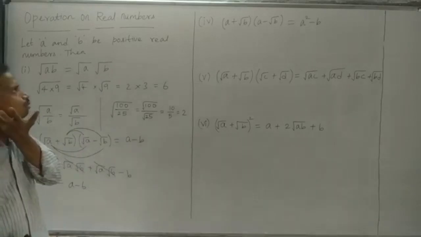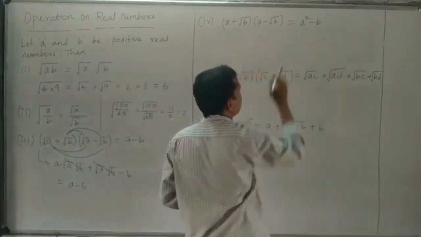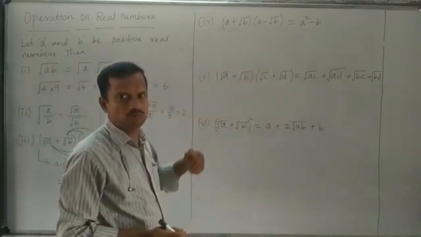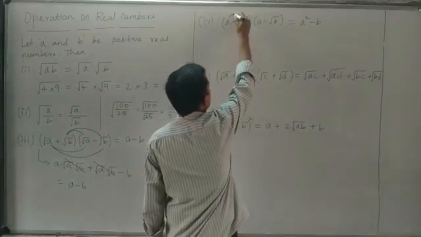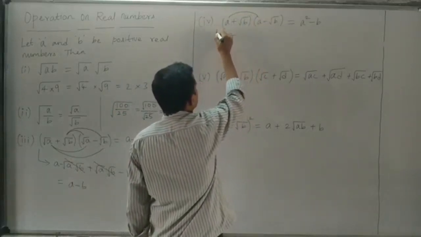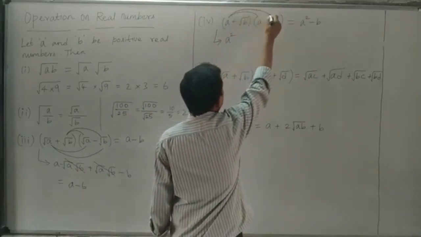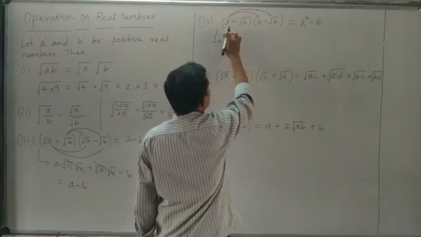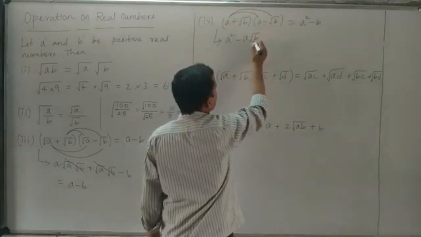So just simple multiplication. That's all. And now coming to the next one, option 4. If you multiply these two, you get A square minus B. We apply the same multiplication. You see, A into A, we get A square, and A into minus root B, we get minus A root B, because plus into minus is minus.